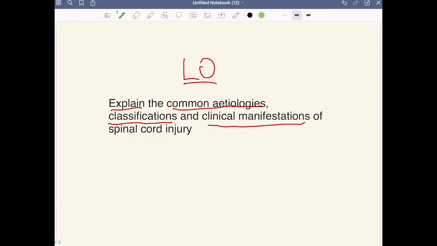All right, so hopefully what we've seen is that you can now explain the common causes of spinal cord injury, how we classify spinal cord injury, and the common clinical manifestations.